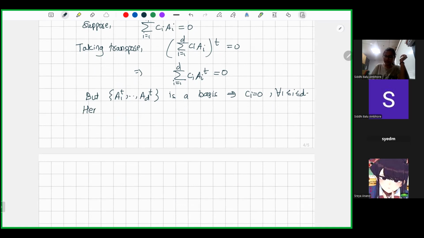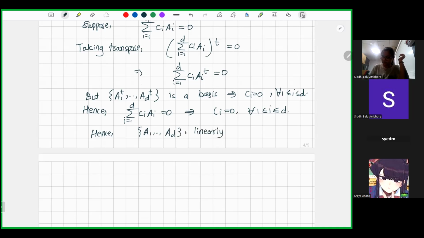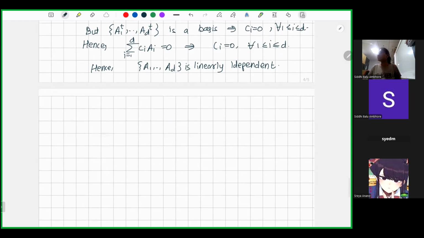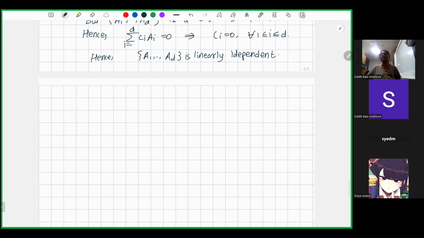So let me write, hence summation Ci Ai from 1 to D equal to 0 implies Ci is 0 for all i. Hence, this set is linearly independent. I hope my handwriting is fine and readable. And similarly, for the spanning, we will again take a matrix, take its transpose, and we will continue.